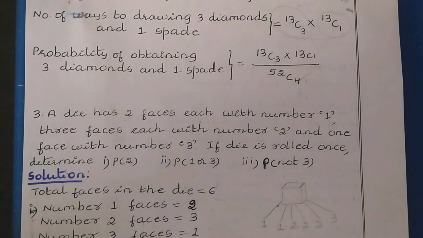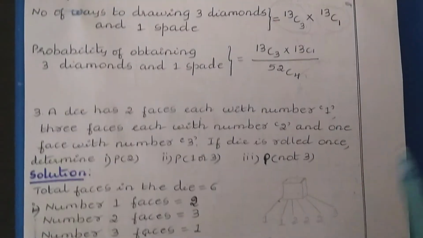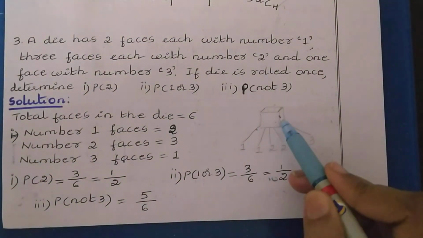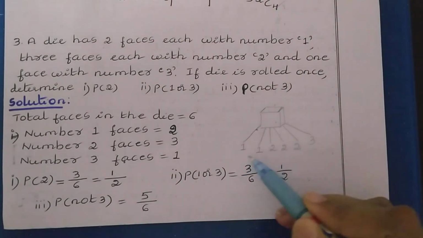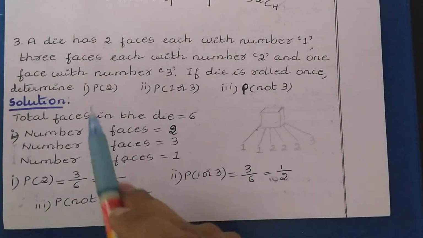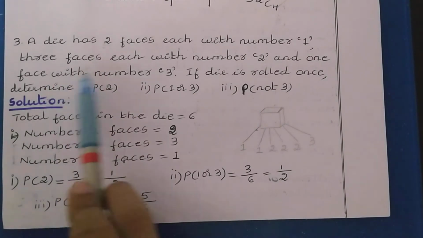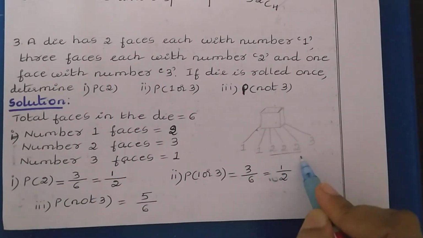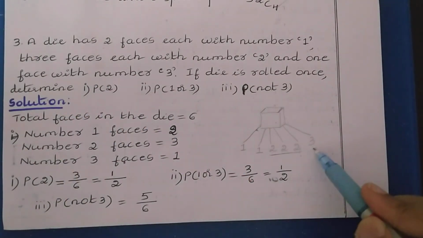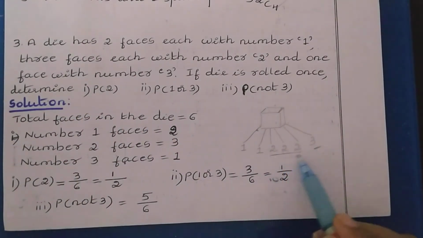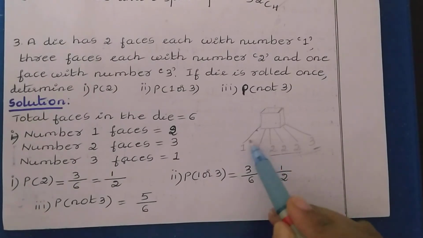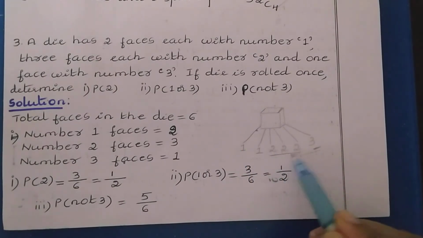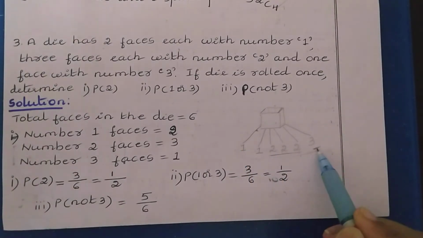But in this question, they have given the die has 2 faces with number 1. That means the 2 faces of the die contain the number 1. Then 3 faces with number 2. So 3 faces contain number 2 and 1 face with number 3.